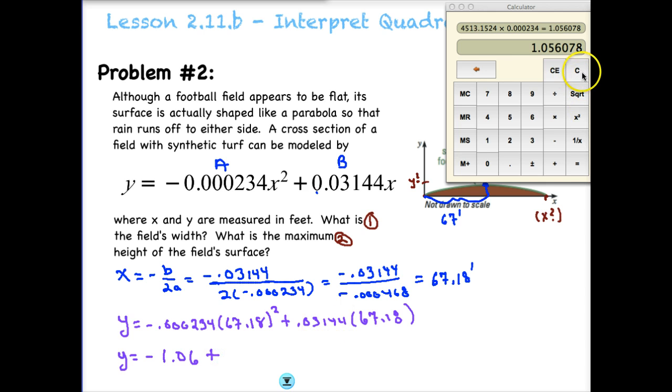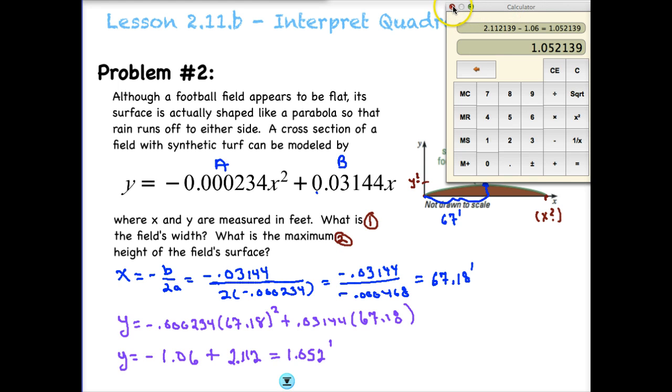And then let's multiply this information here. So 0.03144 times 67.18. And I get 2.112. And if I put those together, a negative 1.06 plus a 2.11, that means I need to subtract the 1.06 from the 2, and I get a 1.05 feet.